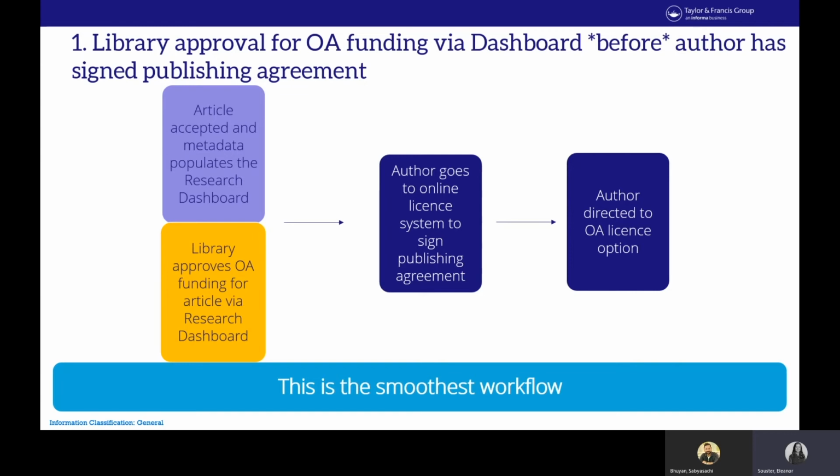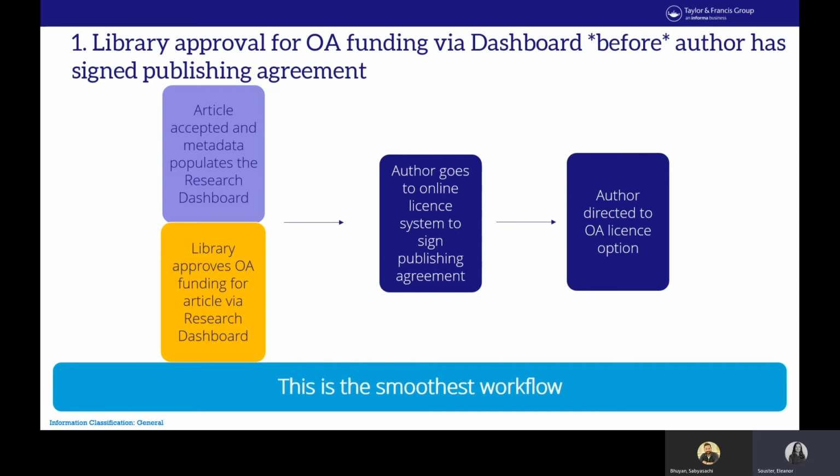And if at around the same time, or we tend to say within about 24 to 48 hours, the library approves the OA funding for the article, the author is sent a link to the online licensing system, which directs them immediately to the open access option and the choice of the Creative Commons licenses to sign. So this is the smoothest workflow, as the library has already said, yes, this article is good for OA funding, and so the author is immediately diverted to the open access options.